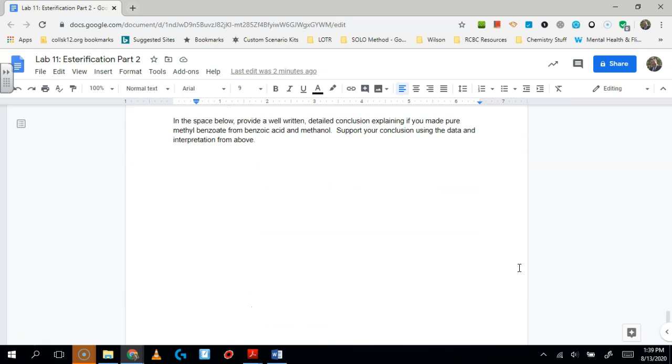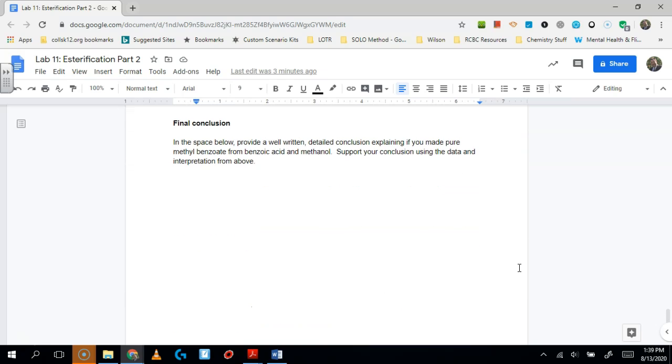And lastly, of course, as we want you to do with all these labs, we want you to provide a well-written, detailed conclusion, supporting that conclusion with evidence from the lab so that we know if methyl benzoate was made or whether it wasn't made.